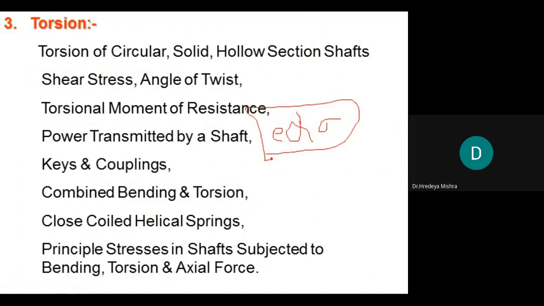So here one more point is torsion. Torsion is also a type of deformation, and we can say that it is deformation in shearing. Torsion of circular shaft, solid shaft, hollow section shaft, shear stresses, angle of twist. Some books represent it as theta, or some books as phi, but both are the same.